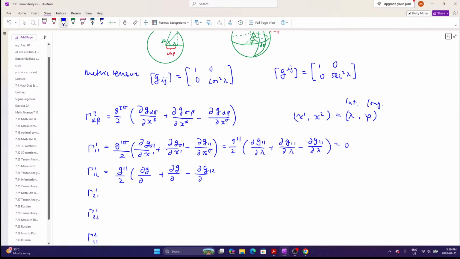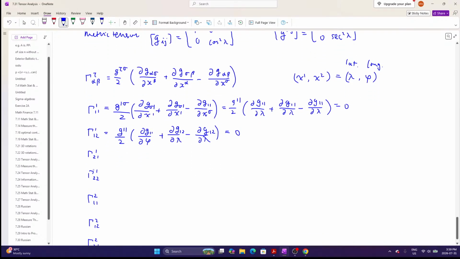So dx1 would be d lambda. The first term is dg11 over dx2, but x2 is phi, so that's d phi, and this is d lambda. Well, g12 is 0, so the last two terms cancel. G11 is a constant, so that's 0. So this is just 0.